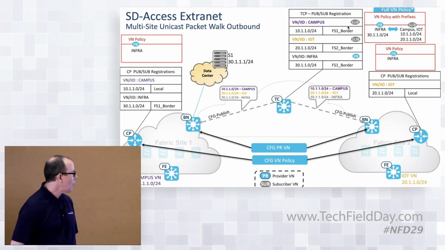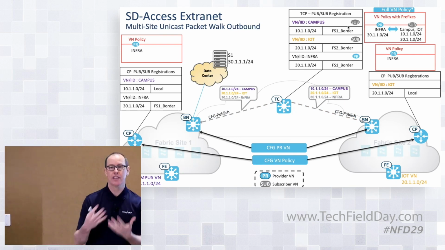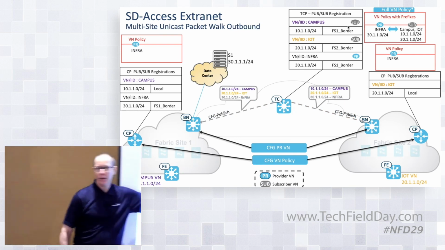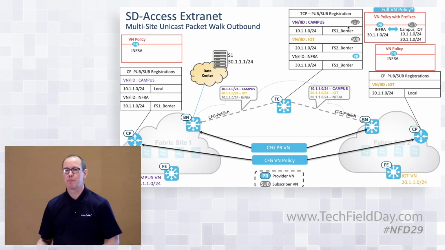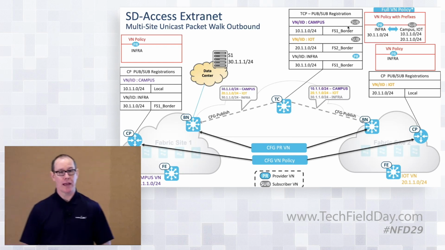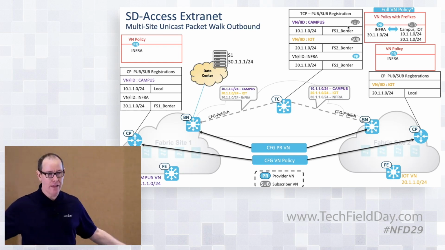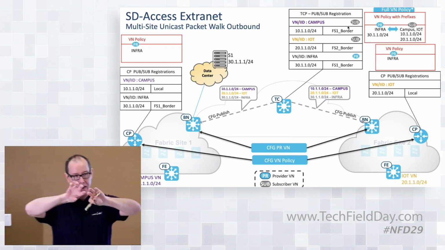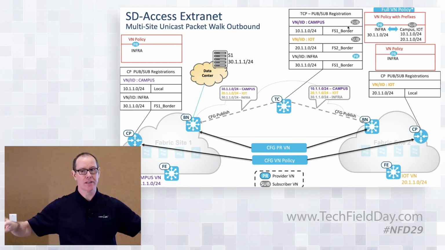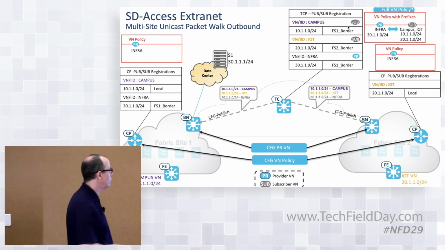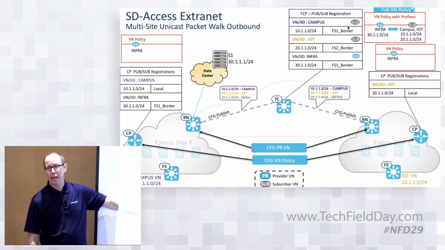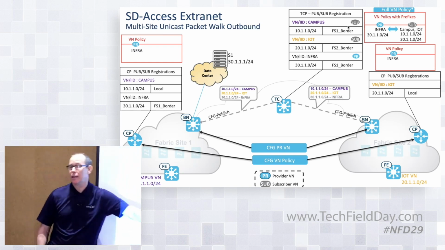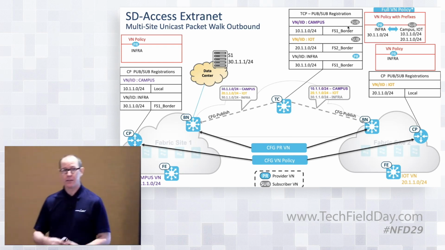So this is where, remember I mentioned publisher subscriber architecture, this is where that LISP pub sub capability comes into play. So now I gather the information from the sites, and then I publish that information from the transit control plane to the border nodes of each of the sites so that they have the visibility if traffic now comes in from either one of those VNs.